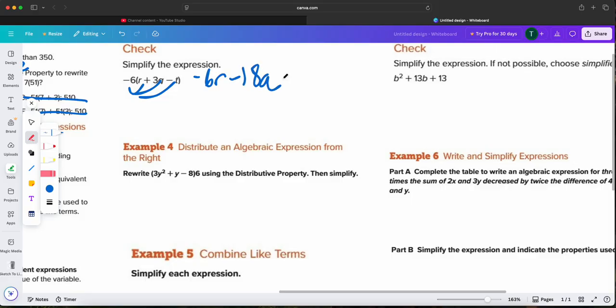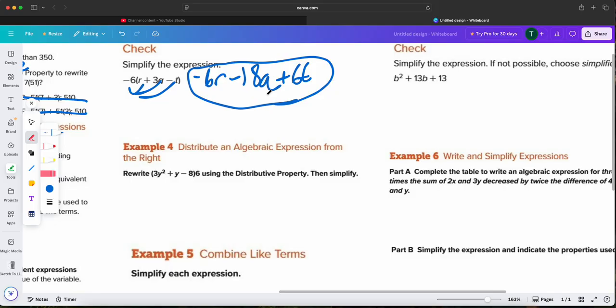Negative 6 times negative t makes a positive 6t. Here we look to see if we have any like terms, and none of these are alike because they all have different variables. So that would be the answer here.